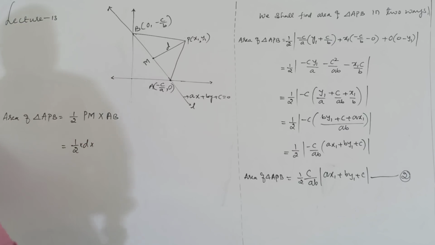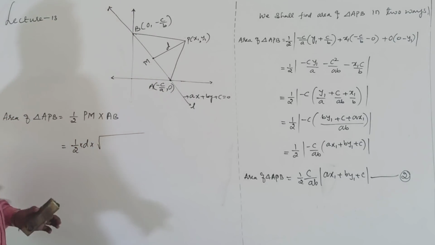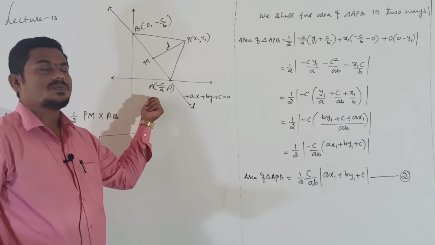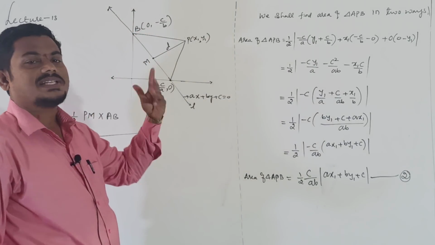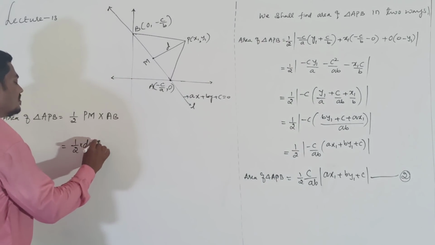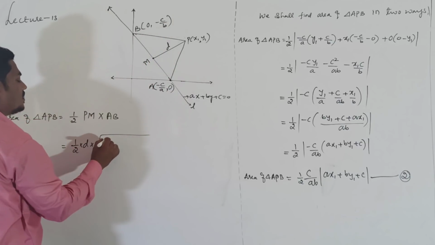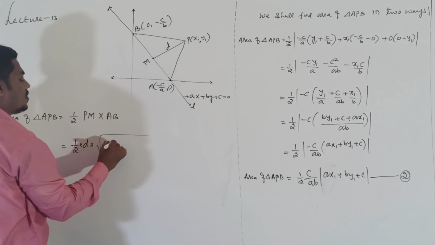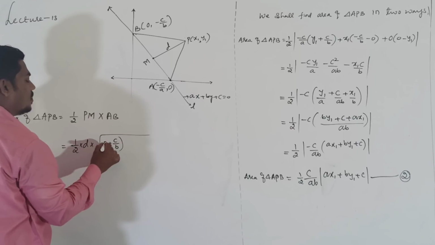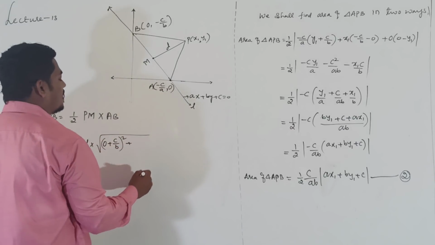Perpendicular distance. AB, by using distance formula, treat this point as x1 y1, this point as x2 y2, distance between 2 point formula. AB distance equal to, by using distance formula, y2 minus y1 whole square. So 0 plus c divided by b whole square plus x2 minus x1 whole square.